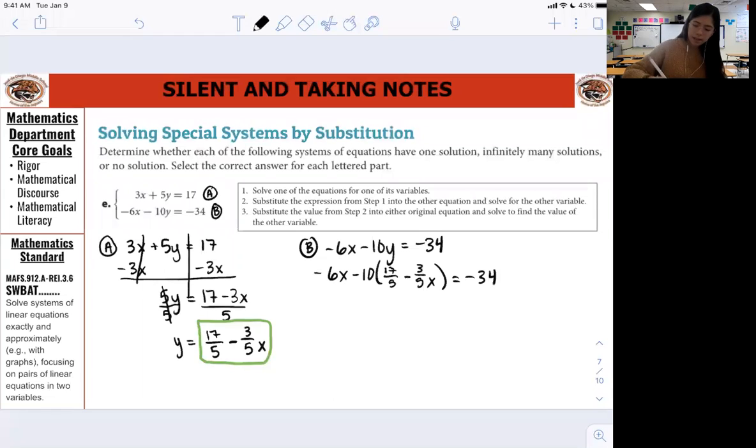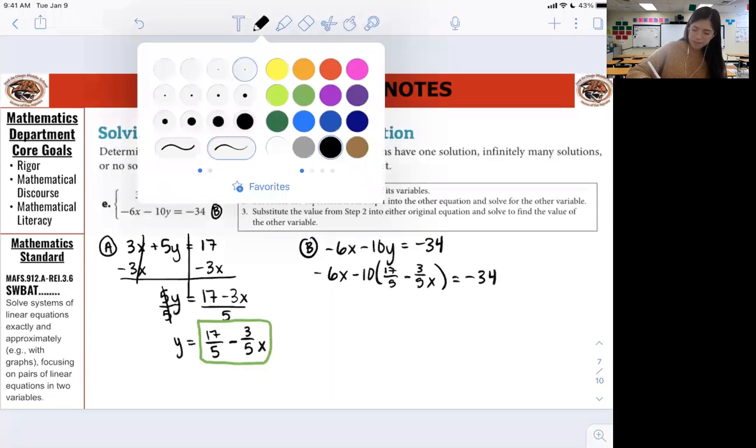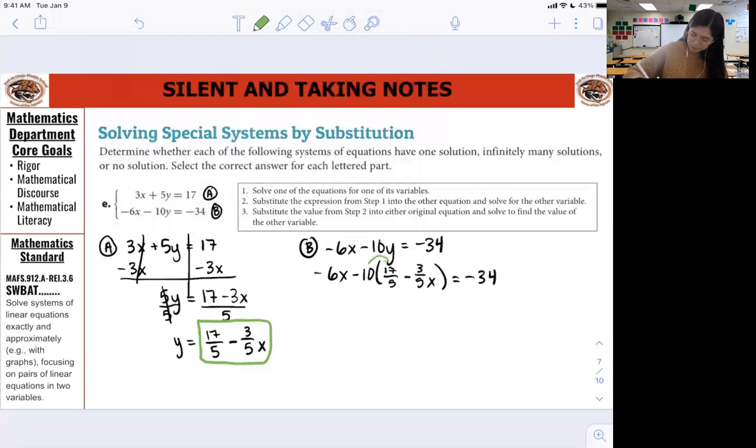So what's 10 times 17? 170. What's 170 divided by 5? 17? No. 34. 34, nice.